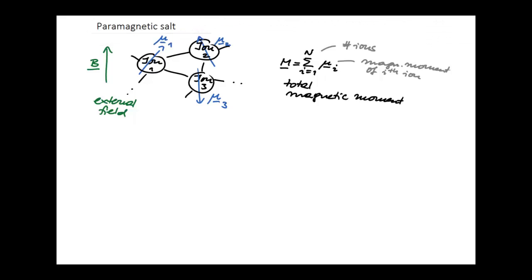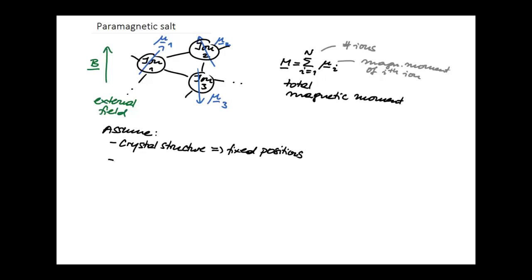Let me just spell out explicitly the assumptions that we made. First of all, that we have this crystal structure that I mentioned, which has the advantage that we can assume fixed positions of the ions.